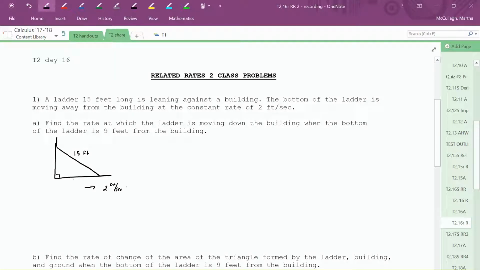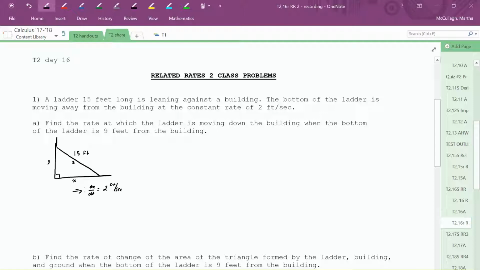And we'll want to put some labels on the sides, X for a horizontal distance, Y for a vertical distance, and Z for that hypotenuse. So that 2 feet per second is the dx/dt, how the length of X is changing with respect to time.